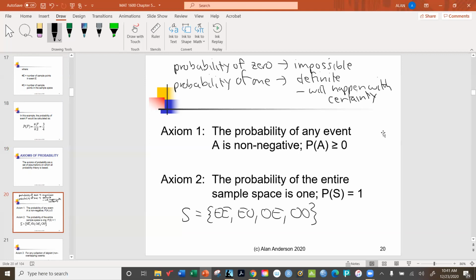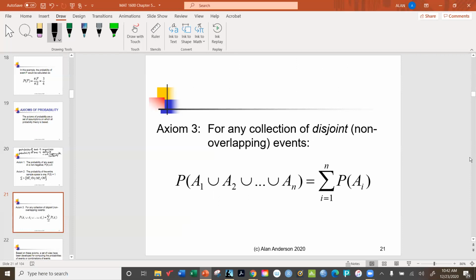Now, here's the mysterious third one. If we have a set of events that are disjoint, this, by the way, is just another name for mutually exclusive, the probability of their union is equal to the sum of their individual probabilities. So let's say I have something like this.